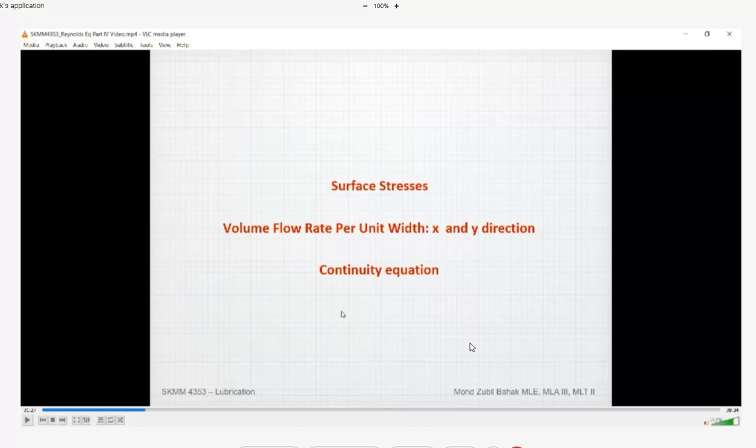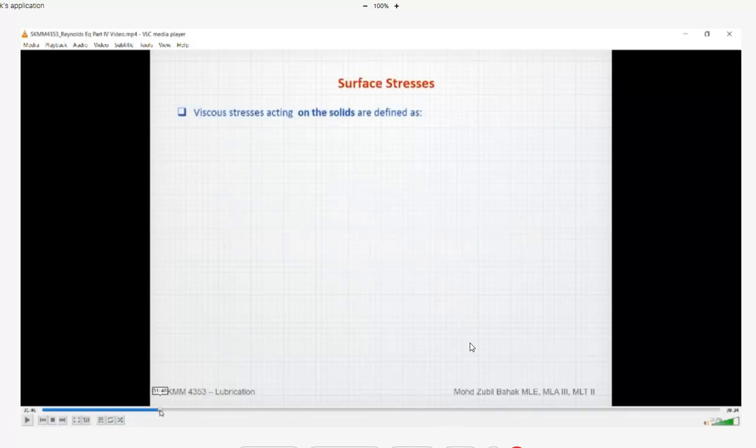So we start with the surface stresses, and of course you know that the shear stress on the solid is tau equal to mu partial u partial z, at the bottom where z equals z1, and at the top you will have the negative. Why? Because if you take the bottom as positive, the top must be negative, as it goes in the other direction. Do you understand that?